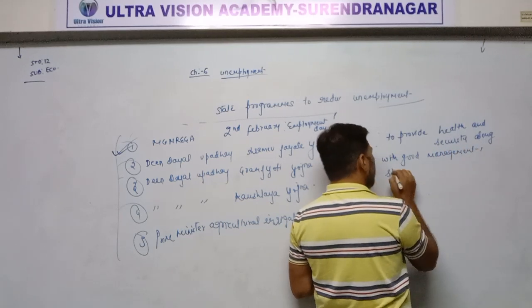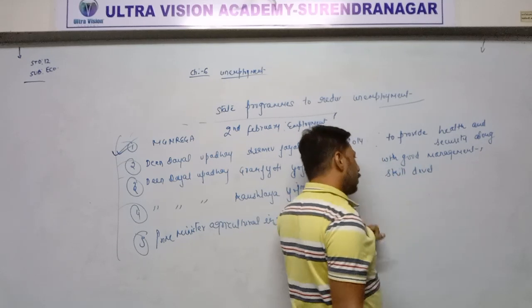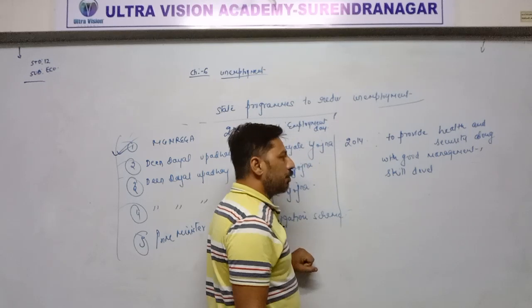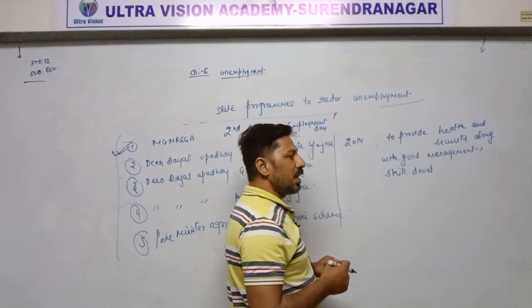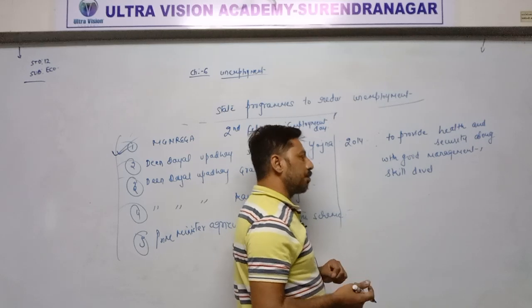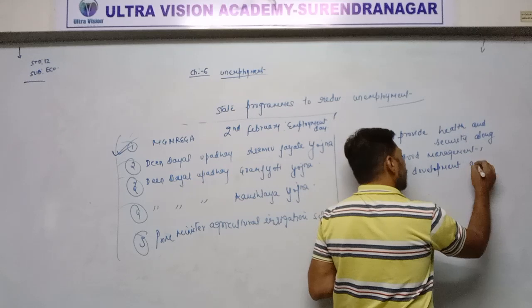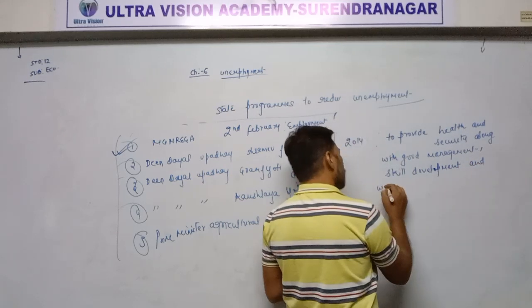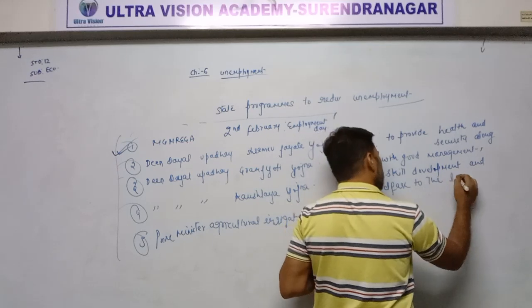Beside this, skill development means to provide, to learn them, to teach them such type of work that individuals are able to start their own business. That is called skill development. And welfare to the laborers in rural areas.